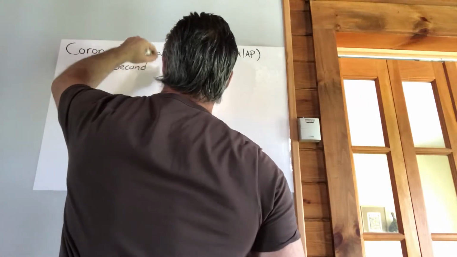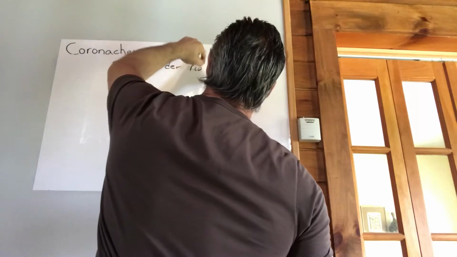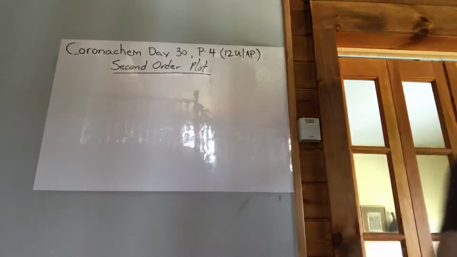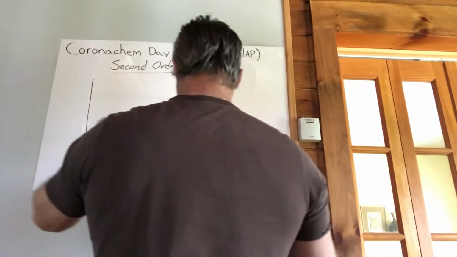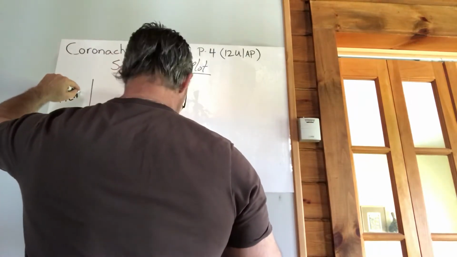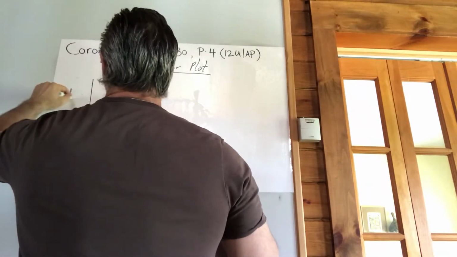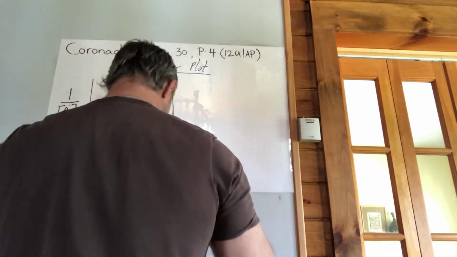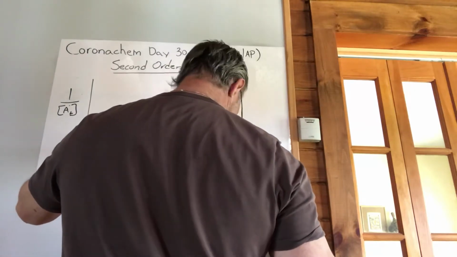If you get second order rate data, to get a straight line, you have to plot it according to the following indications. You're going to plot 1 over A sub T versus time.